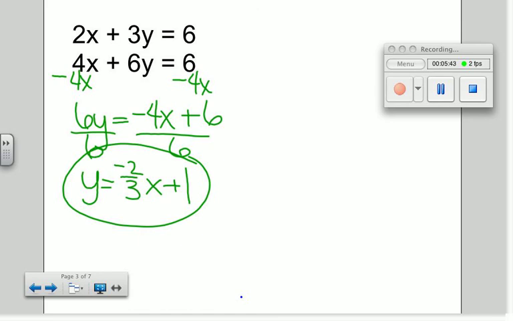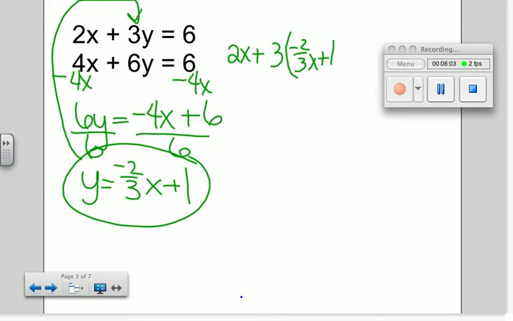So this time I wanted to show you the steps you take when you solve for y. We have y equals negative 2/3 x plus 1. You're going to substitute it in for your y in your other equation. So we have 2x plus 3 times negative 2/3 x plus 1 equal to 6. This used to be y, and we just replaced it with the expression that we solved for.